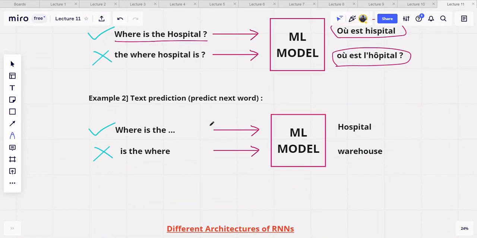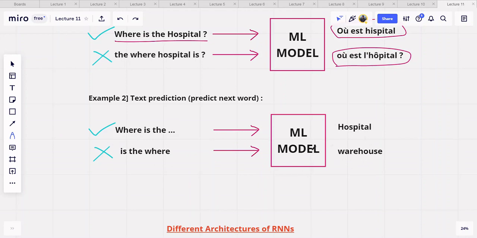Another example would be text prediction. Let's say we want to give a sentence as input and we want the model to predict the next word. If I just give "where is the", then the model will basically predict "hospital". But if I jumble this sentence, "is the where", then the model may give some other output.